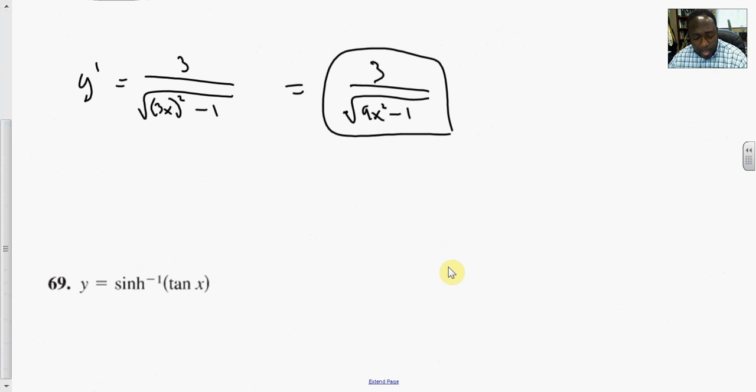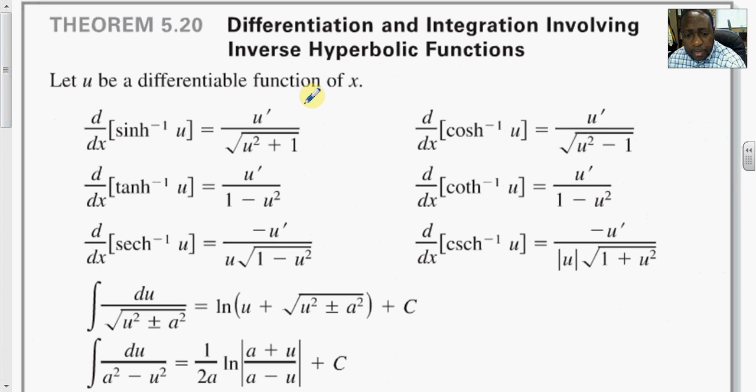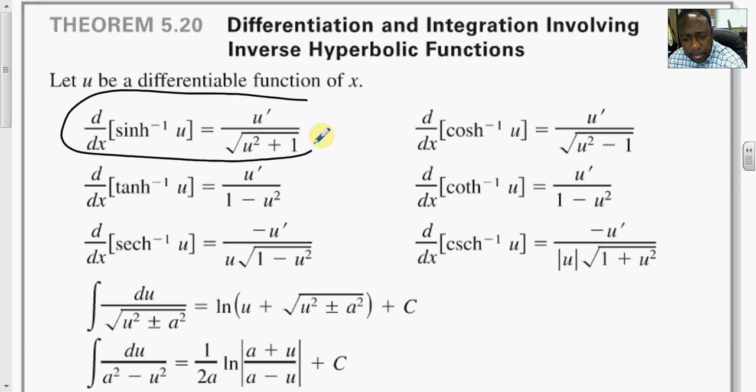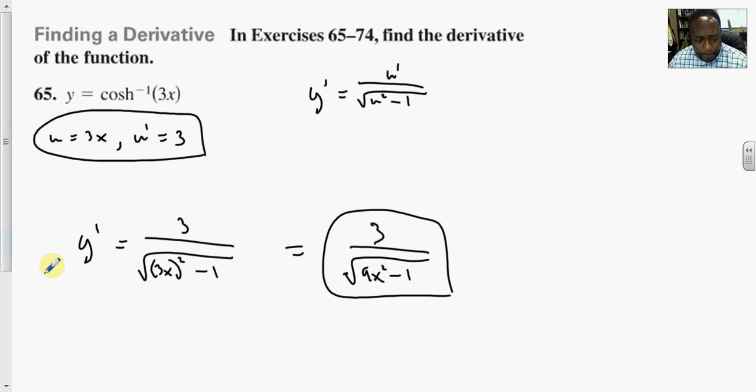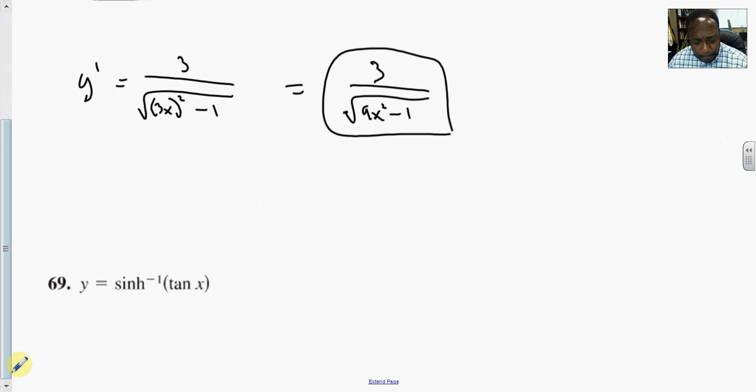Now, for this one, we need the formula for the derivative for the inverse hyperbolic sine. Well, it's this expression here. So that's u prime over the square root of u squared plus 1. For our problem, u is tangent x. So y prime is equal to u prime all over the square root of u squared plus 1.